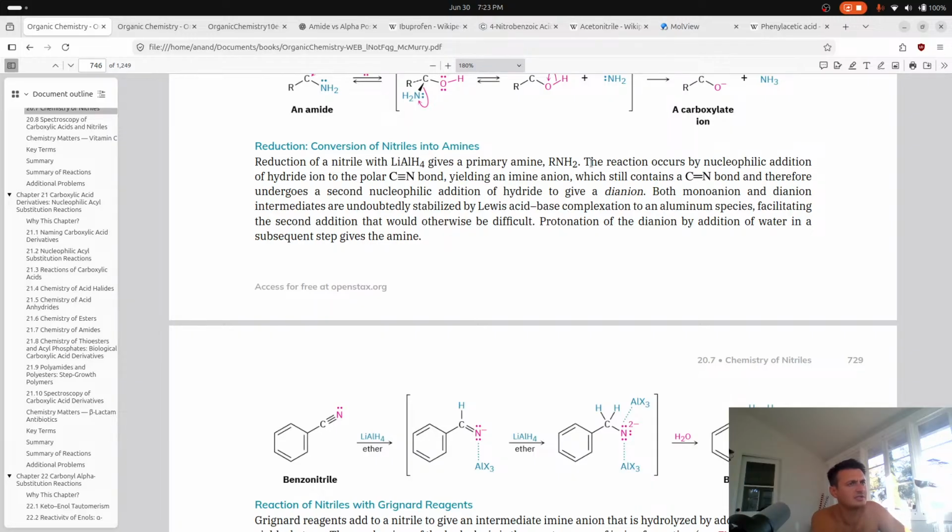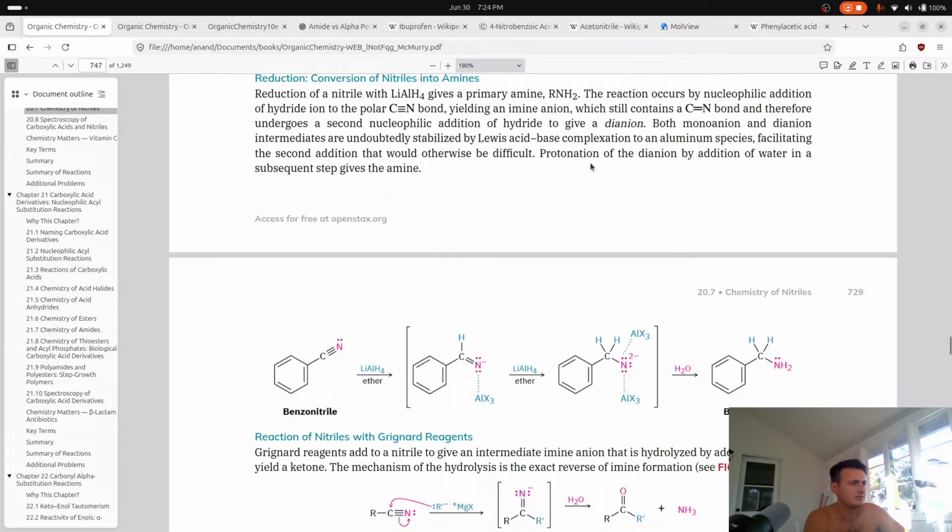Both monoanion and dianion intermediates are undoubtedly stabilized by Lewis acid-base complexation to aluminum species, facilitating the second addition that would otherwise be difficult. Protonation of the dianion by addition of water in a subsequent step gives amine. Okay.